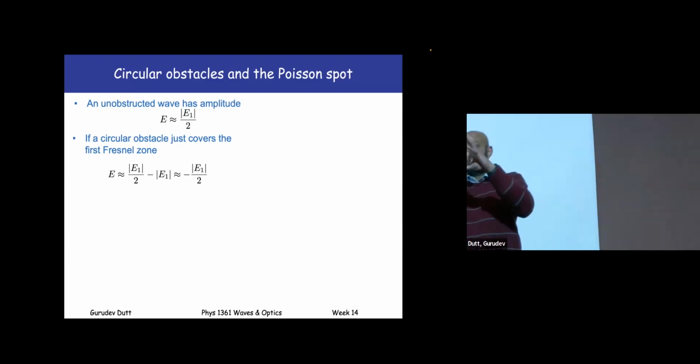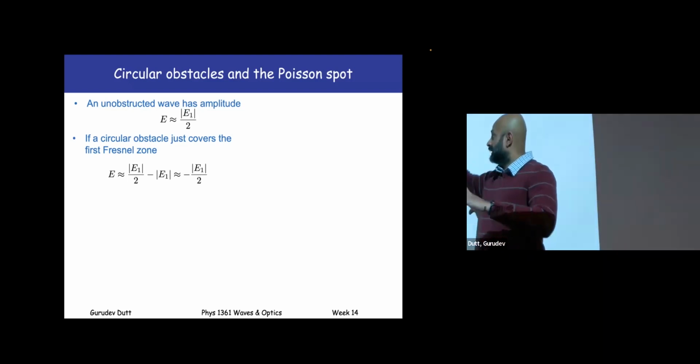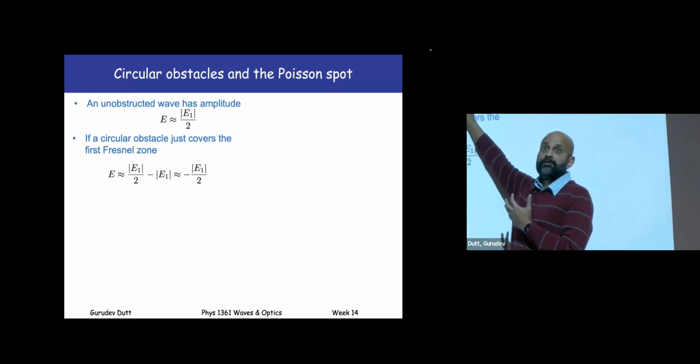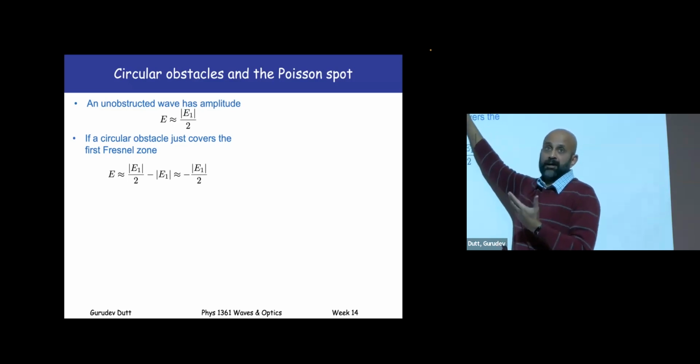So a circular obstacle which just covers the first Fresnel zone can end up having an electric field which is minus E1 over 2, which is almost the same as the unobstructed wave, right? Except for the minus sign.